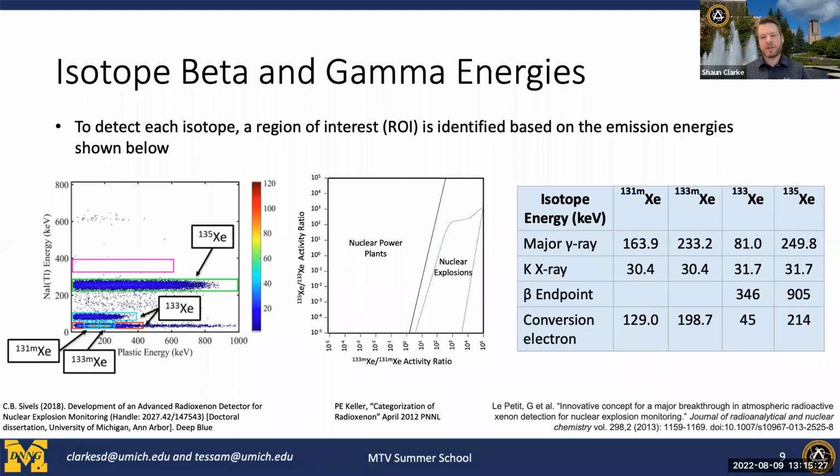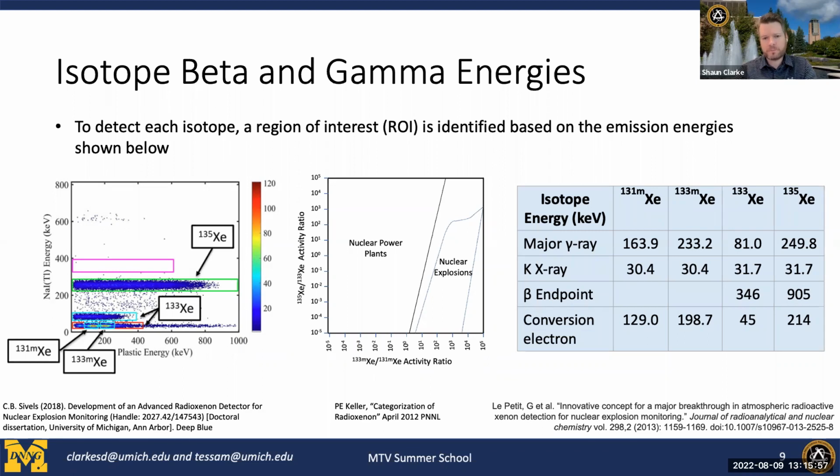Okay, sometimes that photon is an X-ray, sometimes the photon is a gamma ray, sometimes that electron is a conversion electron, sometimes it's a beta. But in short, these isotopes decay by correlated electron and photon emission. So we use the fact that these decays produce correlated particles to separate them from the background with very high specificity.